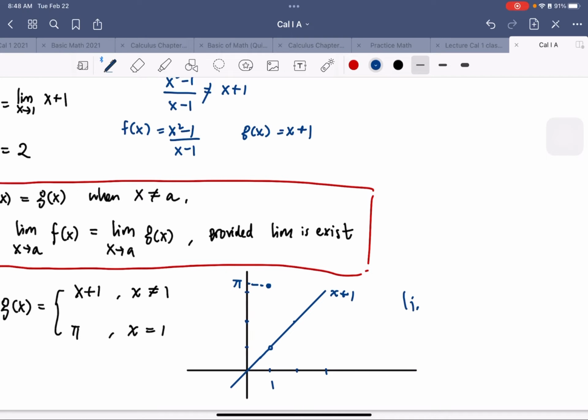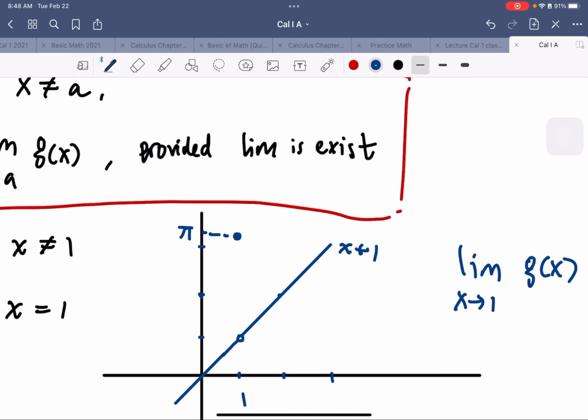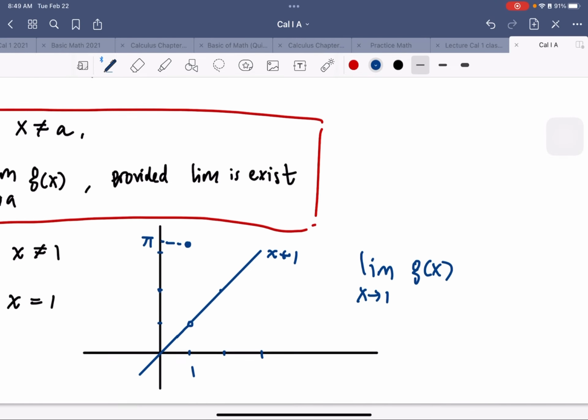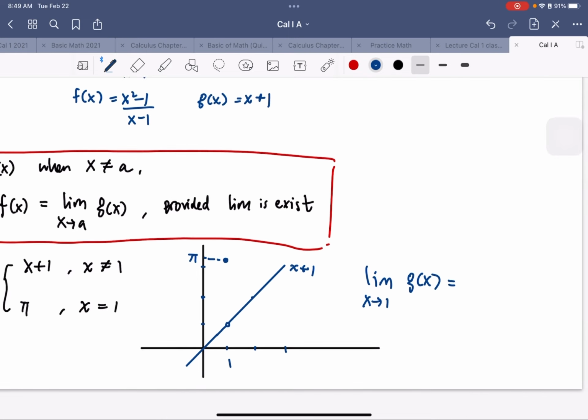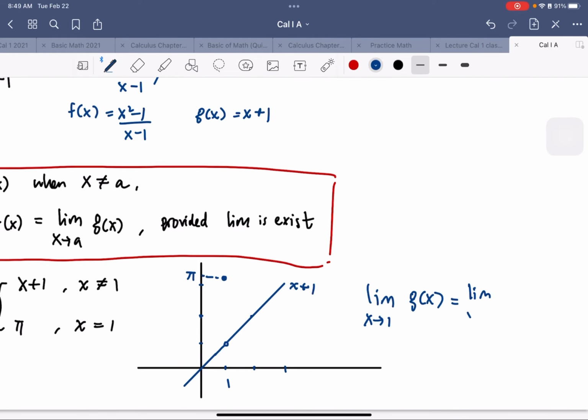So the limit as x approaches 1 of the function g of x, we look at this x plus 1, because in terms of limit, this is the same as x plus 1, which is 2. Although g at 1 is pi. So g at 1 and the limit are different.